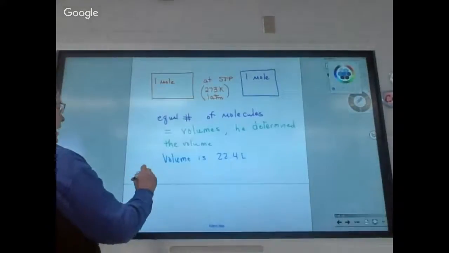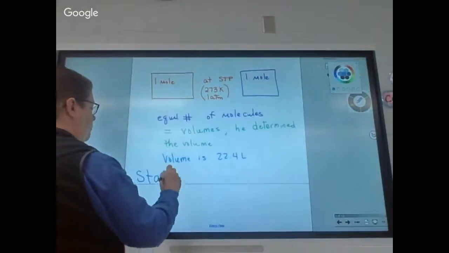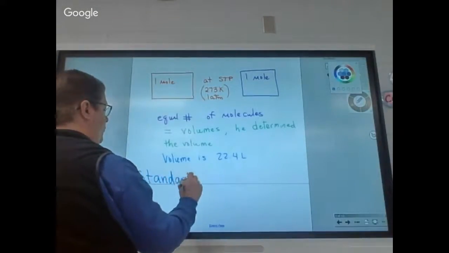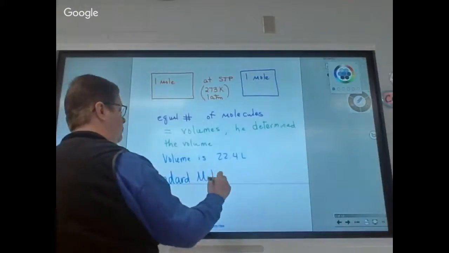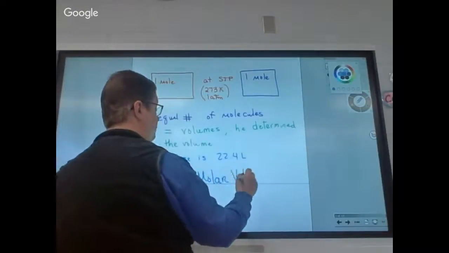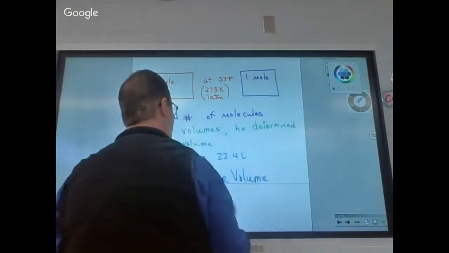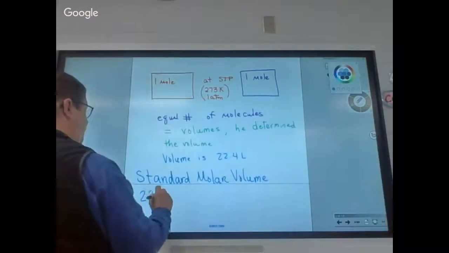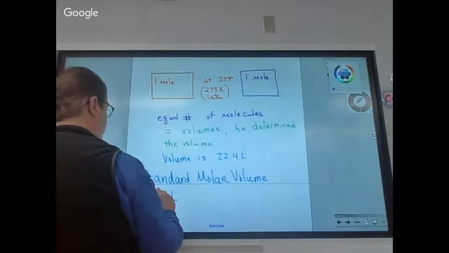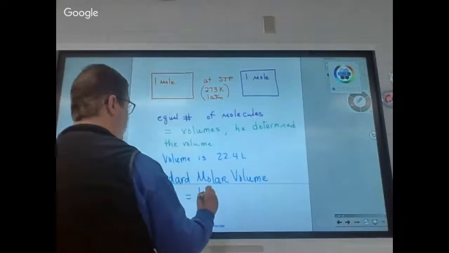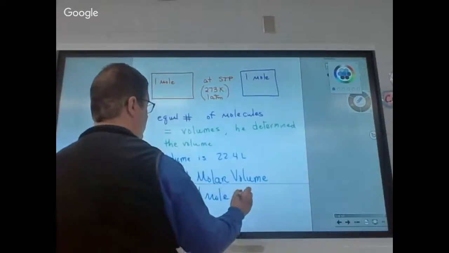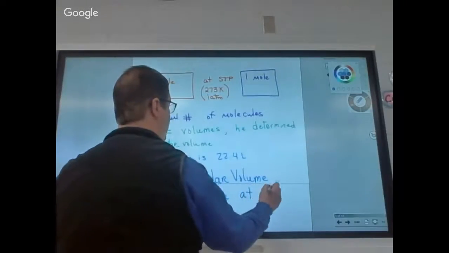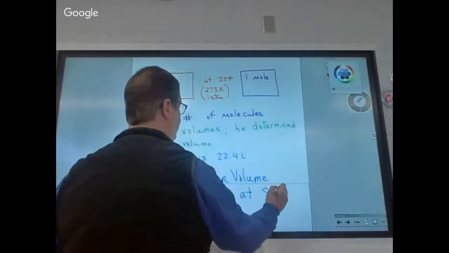This is called standard molar volume. 22.4 liters equals 1 mole if you're at STP.